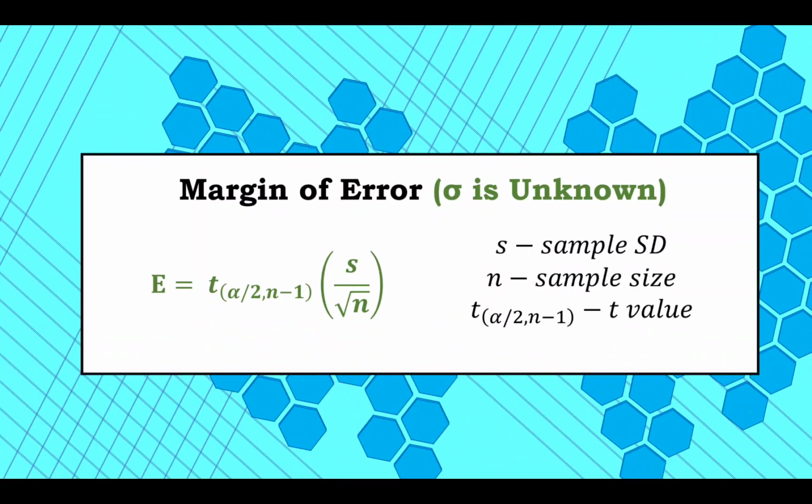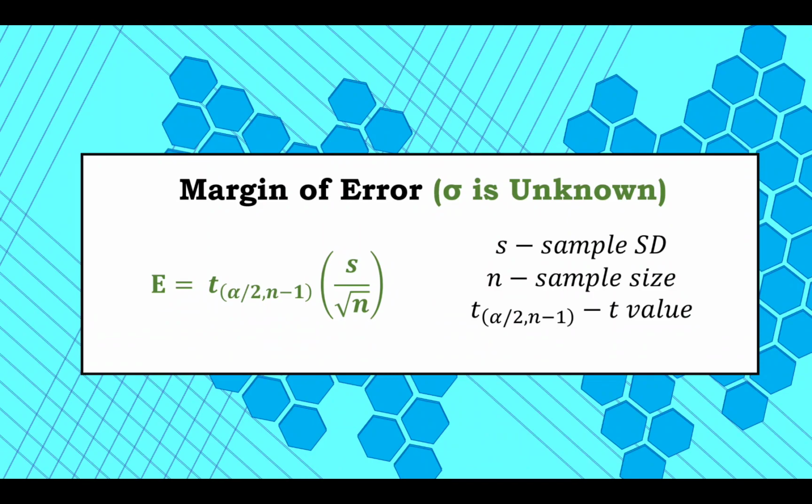So in this video, the formula that we will use to solve for the margin of error when the population standard deviation is unknown is: margin of error is equal to the t-value of alpha over 2 and a degree of freedom of n minus 1, multiplied to the quotient of the sample standard deviation divided by the square root of n, which is the sample size.